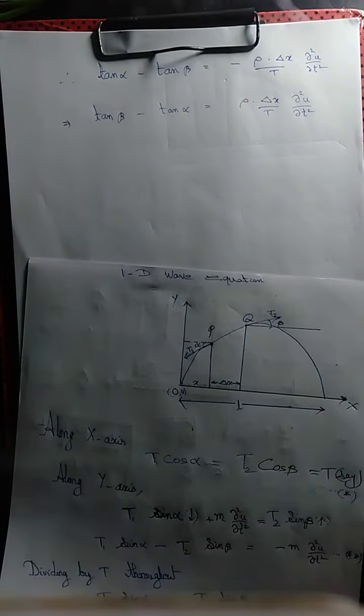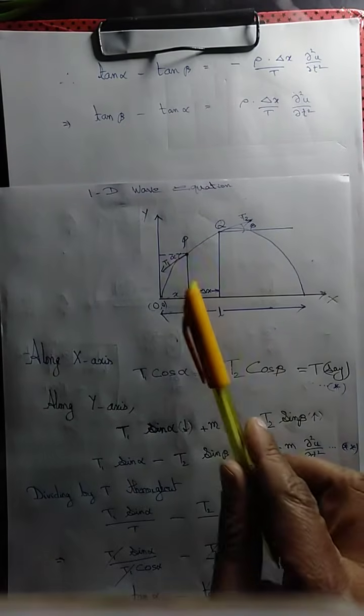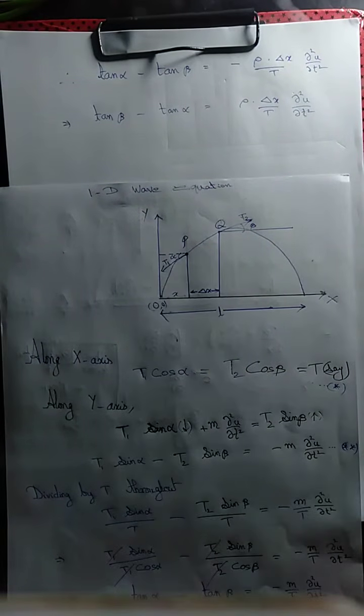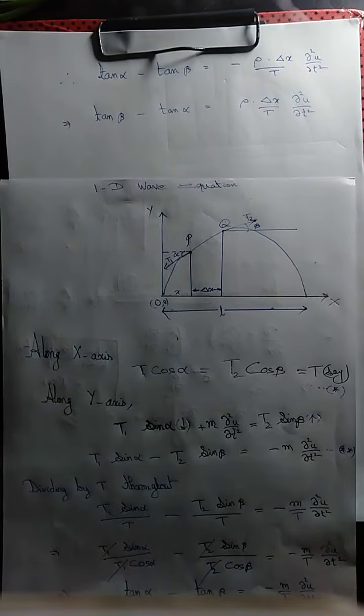Now let's multiply by minus throughout. So we have tan beta minus tan alpha equal to... Now we know that derivatives give the slope of the tangent, so tan alpha is nothing but the derivative at that point.